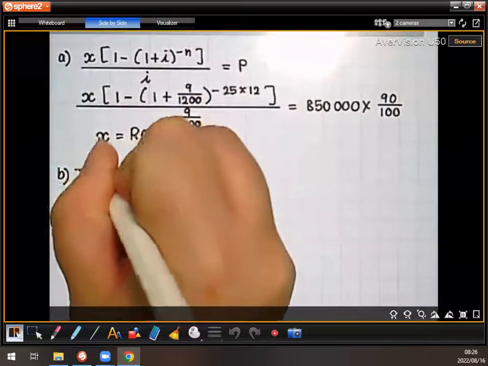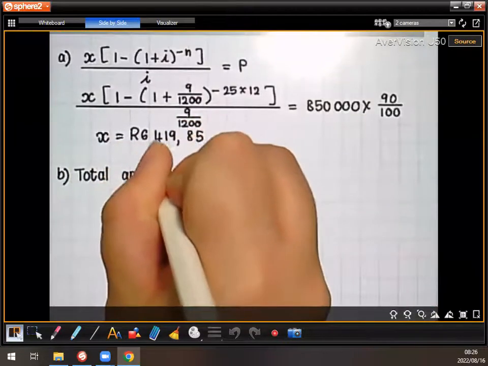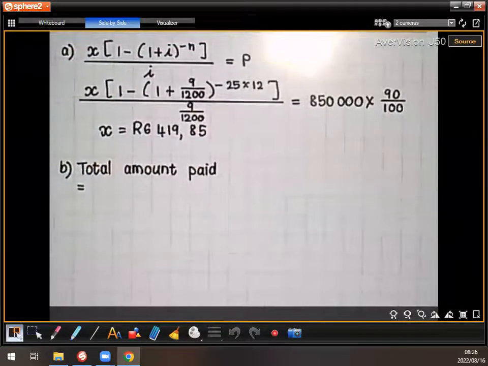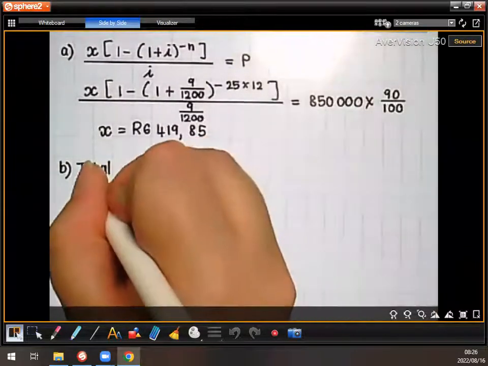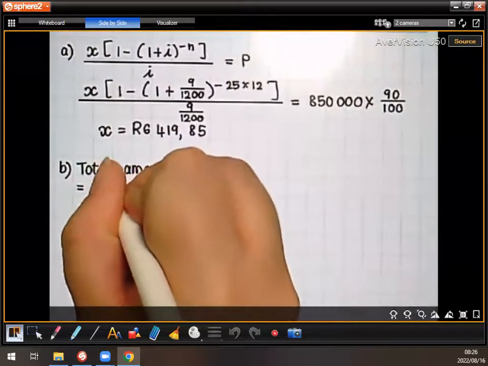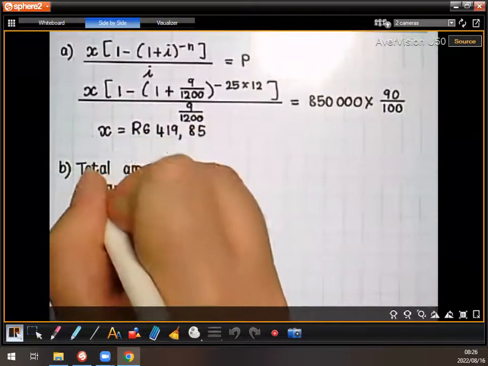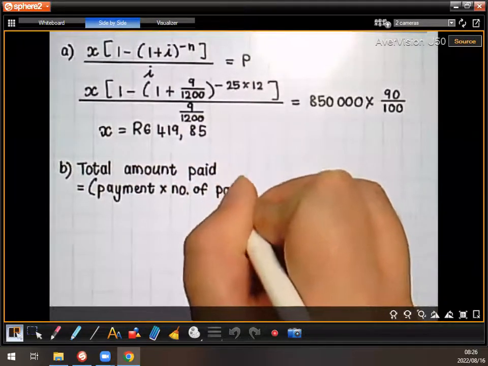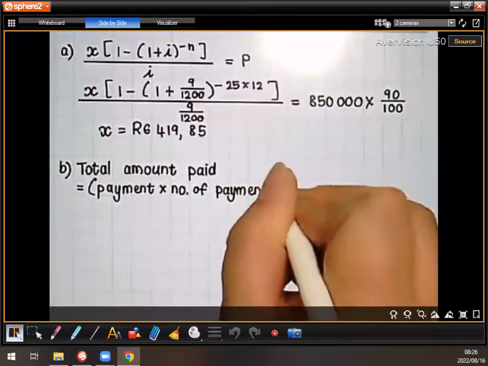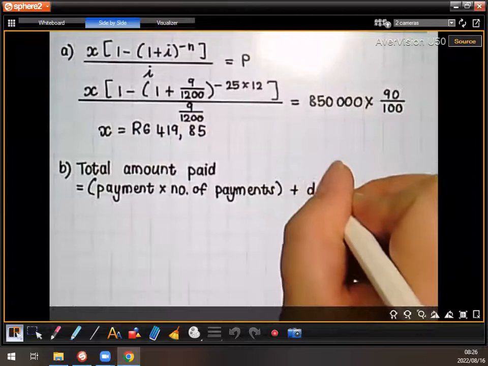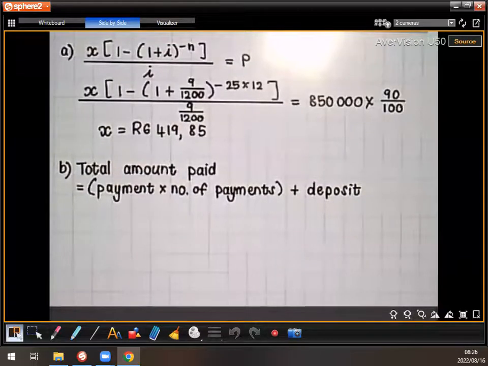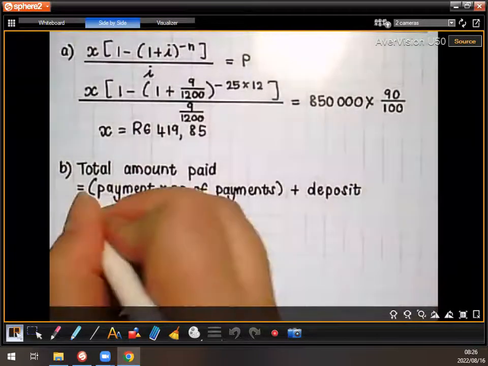Total amount paid is equal to... okay, so we're going to work that out.